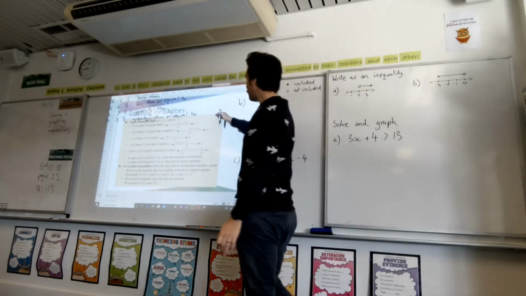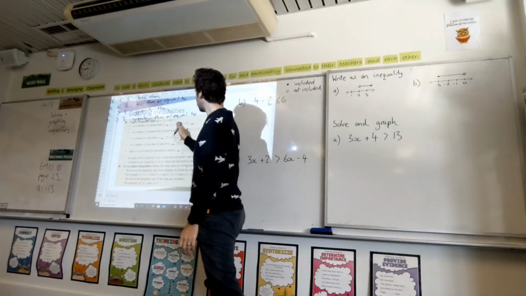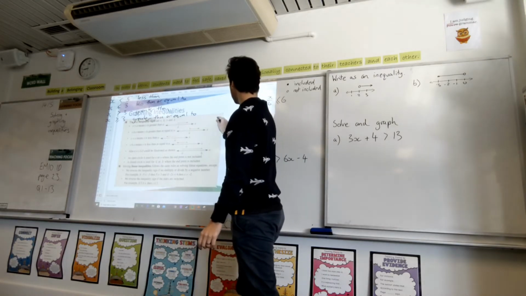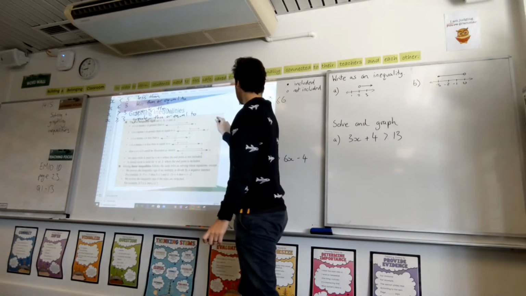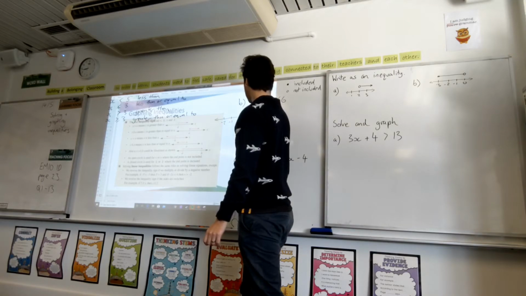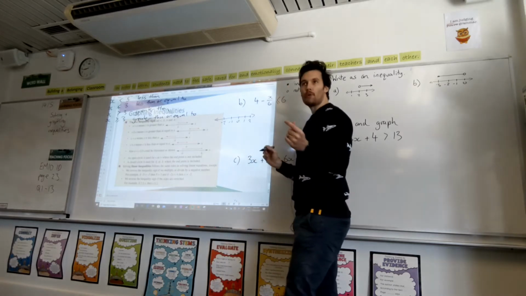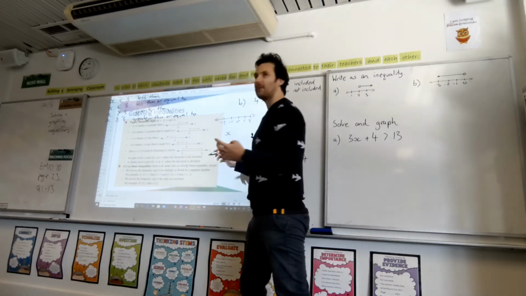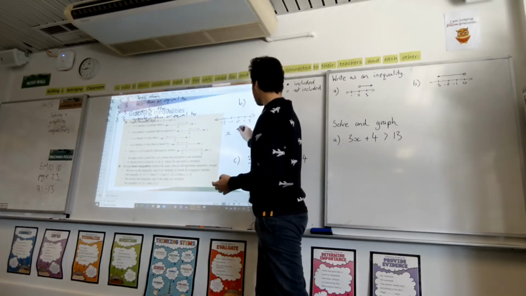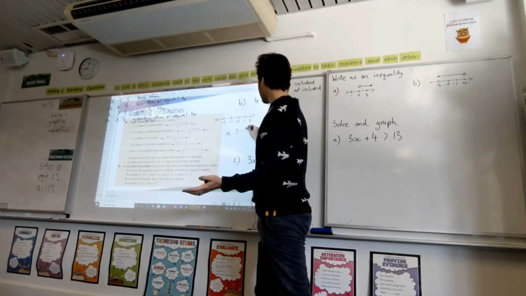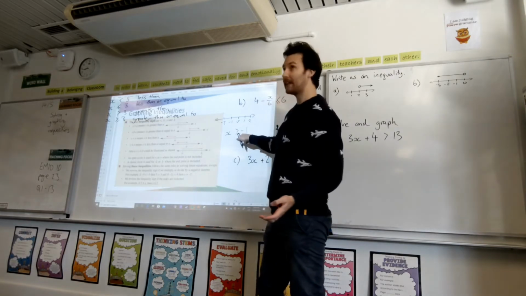But in these examples on the board just here, it gives you a little rundown as to what these two symbols mean. So if you've got a number line like this, let's say it goes from -2, -1, 0, 1, and 2. If you wanted to write down, well, I've got a value of x, an unknown value, and I know that that's going to be a number that's bigger than, let's say, -1, but not including -1.